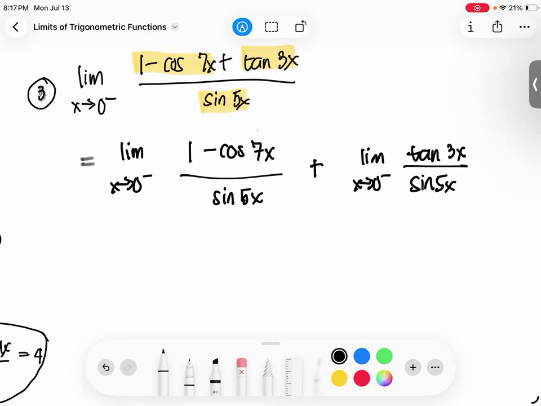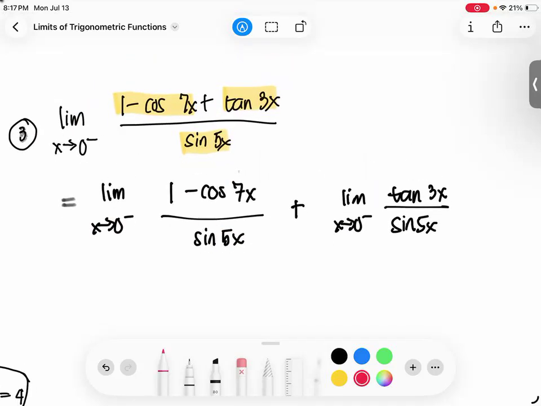Now, when it comes to this example, we have to be organized and make sure that we remember specifically the identities. So just to recall, the limit of sine x over x as x approaches 0 is 1. So this is the first identity.